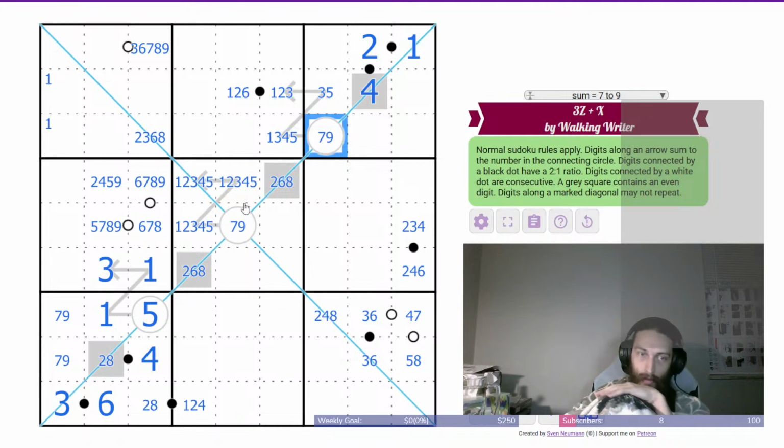Okay. With this being a 1, 3, if this is a 7, then this is 1 and 3, and this would have to be 1, 3, 5. So this is either 1, 3, 5 or 1, 2, 4.